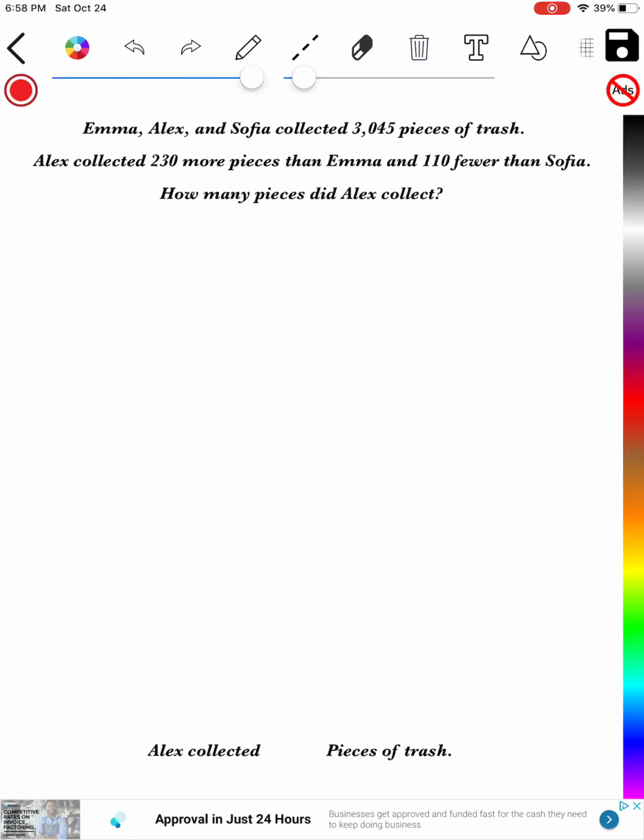Okay, so I'm going to go ahead and label 3 different bars, one for Emma, one for Alex, and one for Sophia. I don't know the quantity of those bars yet, but I don't have to at this current second.